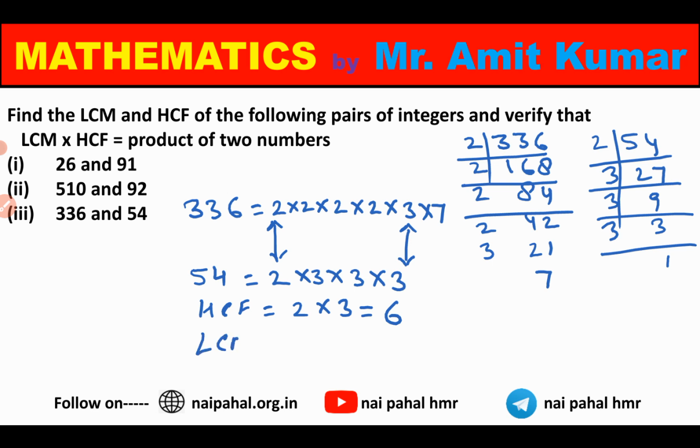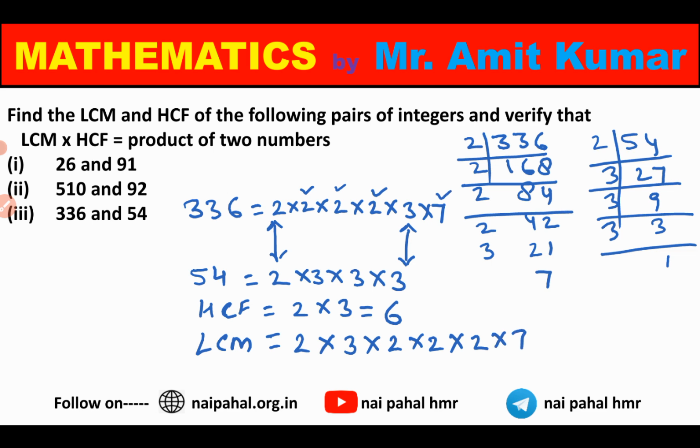And LCM will be, the common thing write first, 2 multiplied by 3 multiplied by the other 2s, 1, 2 and 3, which 1, 2 and 3, and what remains, 7. Write here 7.